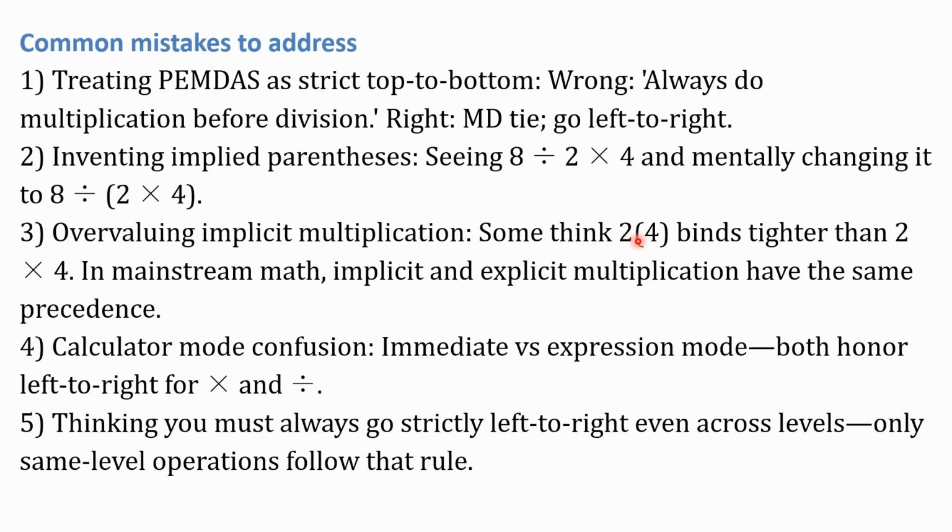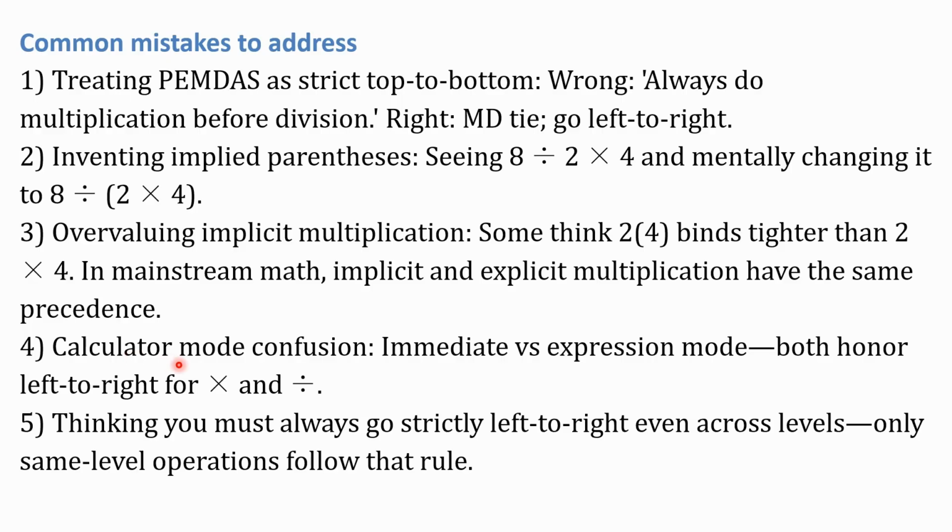Now, we don't have implicit multiplication here, but some people will think that 2 times 4 binds tighter than 2 times 4 explicitly written out with a multiplication sign. Again, that is an old interpretation in mainstream math. Implicit and explicit multiplication are really given the same precedence. If you want to avoid that controversy altogether, I suggest just using the multiplication symbol and write it out that way.